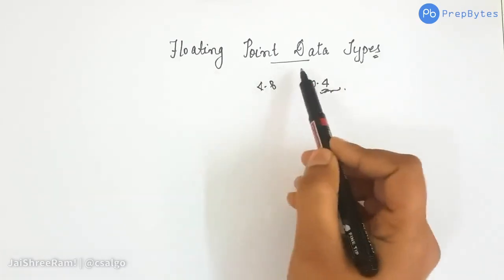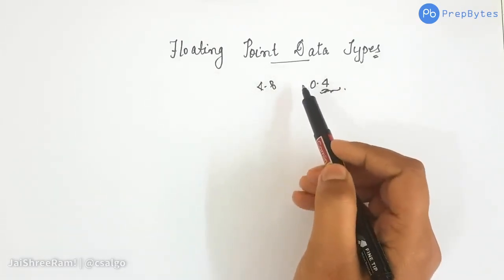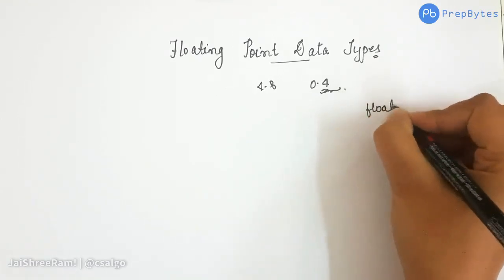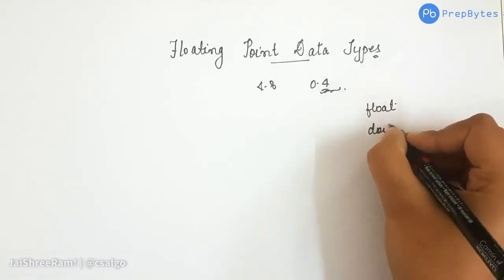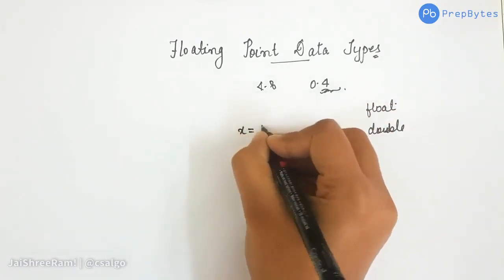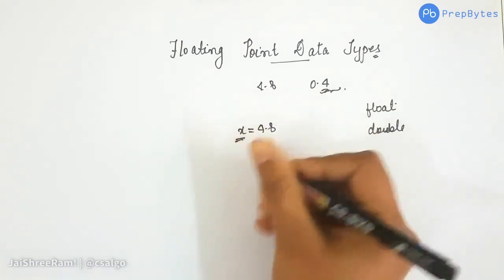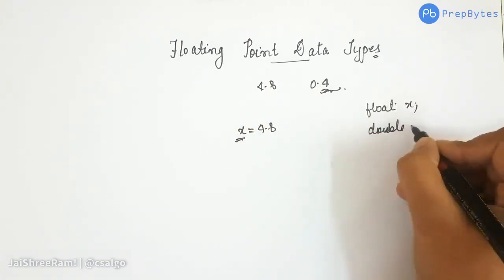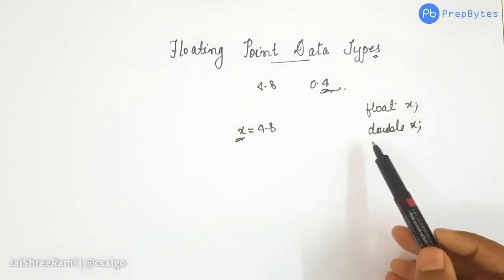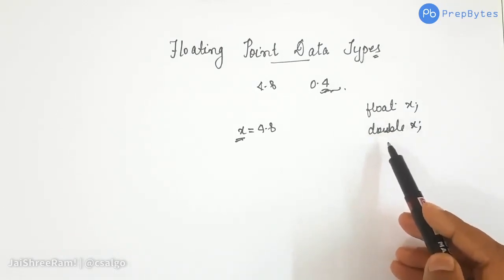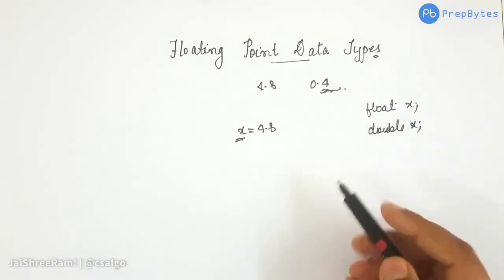For floating point data types, we have two keywords that we use for declaring a float number or a real number. We have float and we have double. Let's say I have a number x equal to 4.8. For declaring x as a floating point, we can write float x or double x. Now the difference between float and double is that for double, the number of digits after the decimal is double that of float.